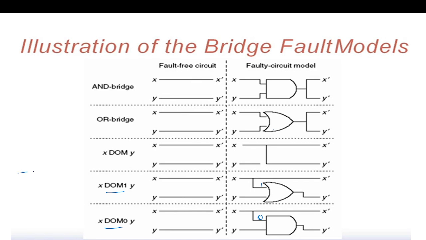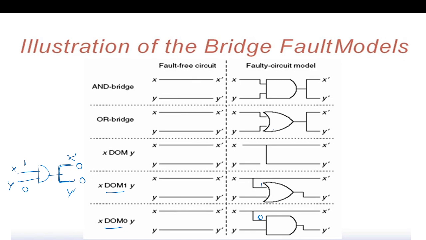Now if we consider this bridge, we said that if we have opposite values, we can excite this type of fault. Now what will be the output? Both are AND gate outputs, which is 0 0.